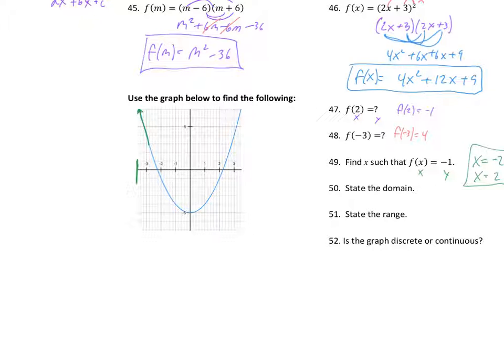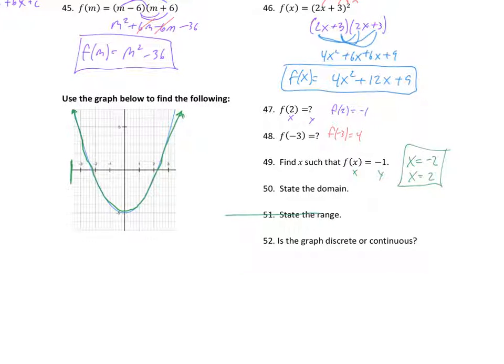As I try to move to the right, as I follow the graph, as I keep moving right, well, it's going to keep going right forever also. That means the domain is from negative infinity to positive infinity. Or you could say all real numbers.